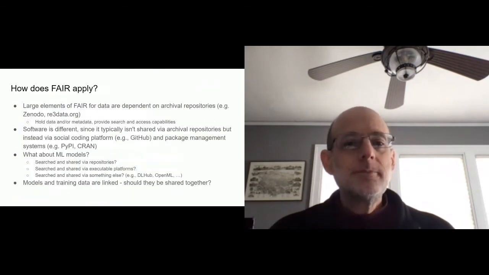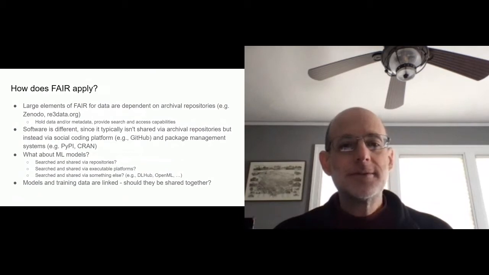If we think about how FAIR applies, a lot of the elements of FAIR for data are really dependent on archival repositories, things like Zenodo or repositories that are in Re3data. These repositories hold the data itself as well as the metadata, and they provide the search, the findable, and the accessible capabilities.